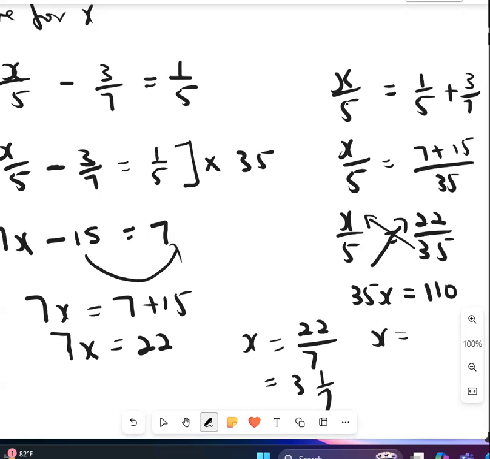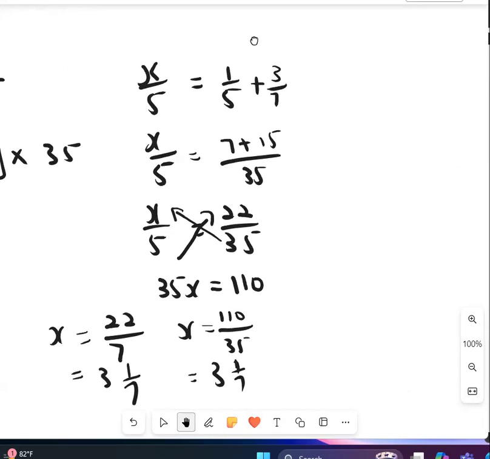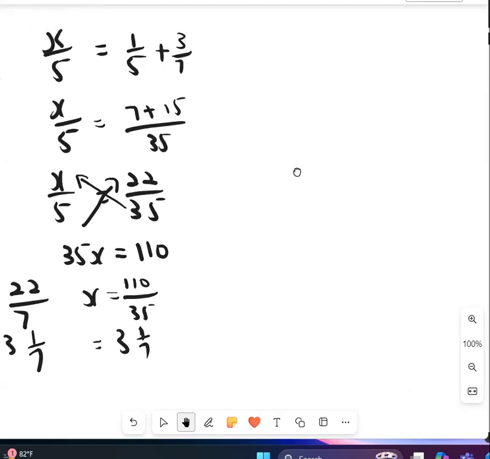So x then will be 110 divided by 35, and you should have 3 and 1 over 7. So that's an alternative, but we have some horribly big numbers to work with, and they can get more complicated as we go on.